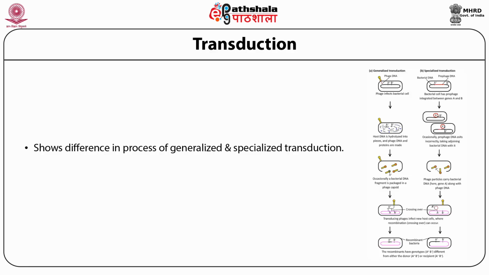It is only once in a while that there is the onset of the lytic cycle, that it comes out of its lysogenic state, and during the excision process, it once in a while carries along with it some of the bacterial genes, and therefore it results in the formation of specialized transducing particles which contain viral DNA in addition to a little fragment of the bacterial DNA.